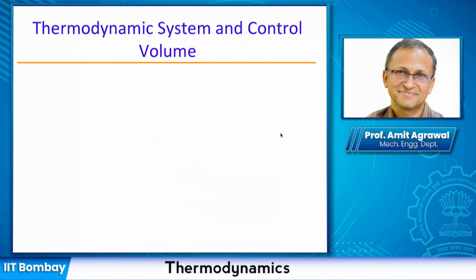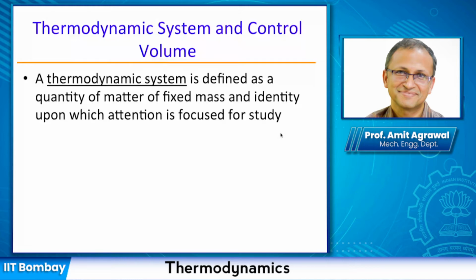So the first thing that we are going to define is a thermodynamic system and a control volume. Let us say that the first thing that we have to do is to define the system on which the analysis is being done. So here we are going to call that a thermodynamic system. Let us say that we have a box to which we are adding heat, or we're doing something to that box.